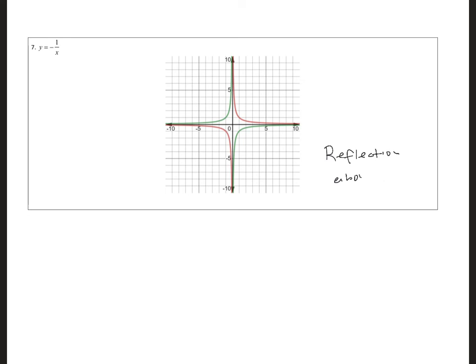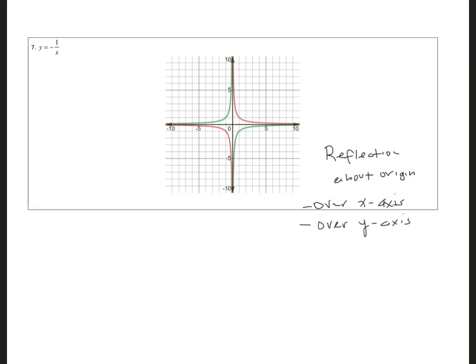We could say about the origin, or we could also say over the x-axis, and you could also say it's over the y-axis. Why is it all of this? Because the graph, you can see, is symmetric, so it just looks the same way.